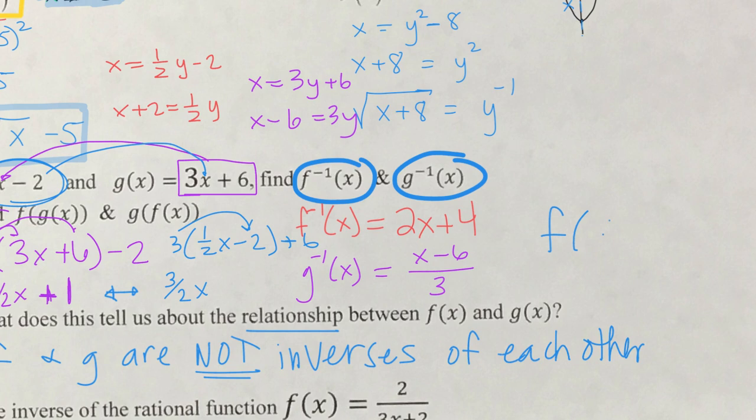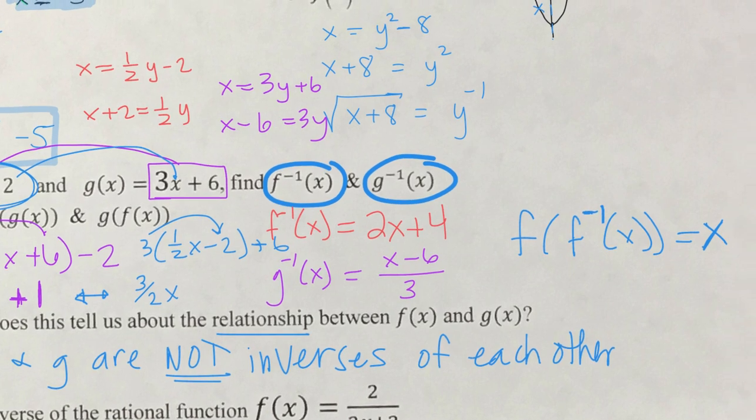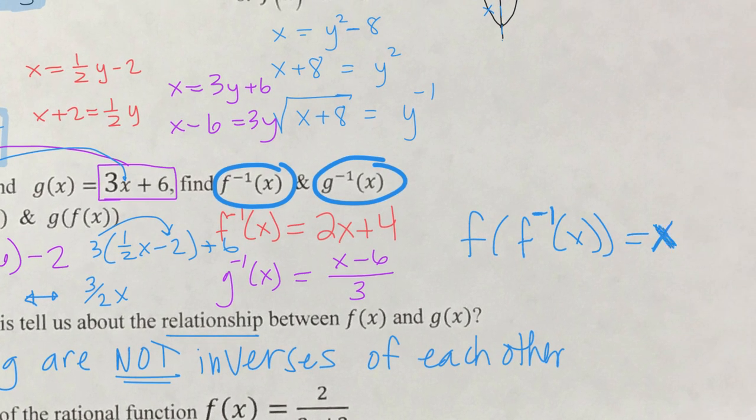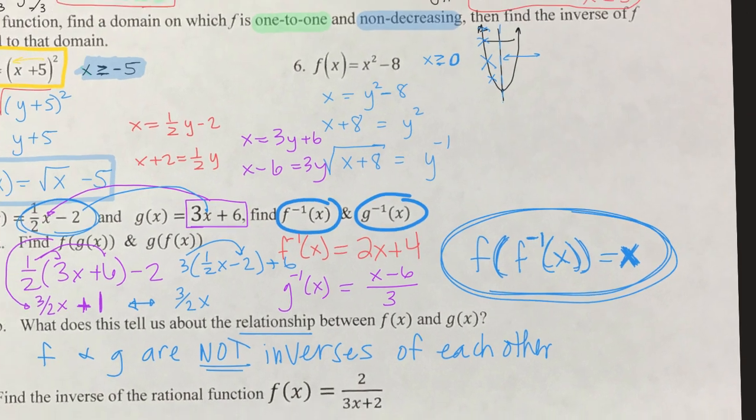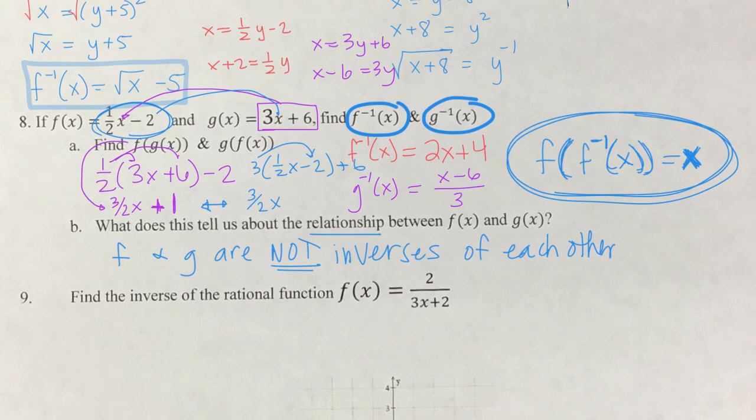Okay, so f of f inverse always gives you just x as the answer. So if two functions, when you compose them, give you x as their simplified answer, that means those two functions are inverses. Okay? So even though these two aren't, I think that's what I was trying to get at with that problem.